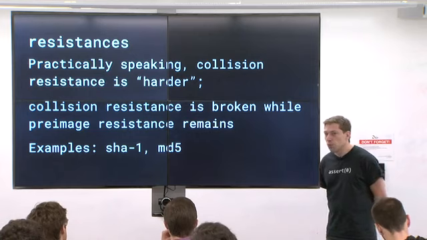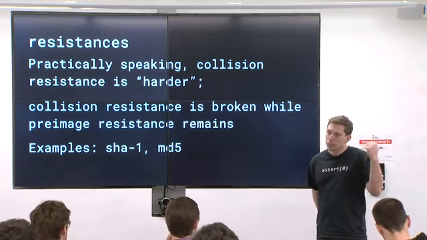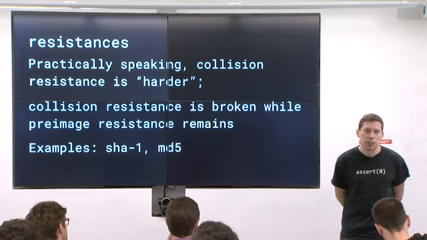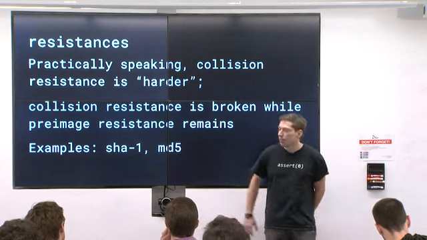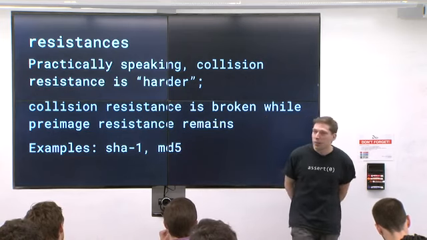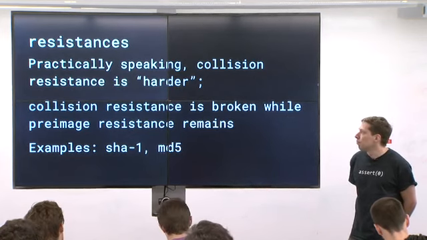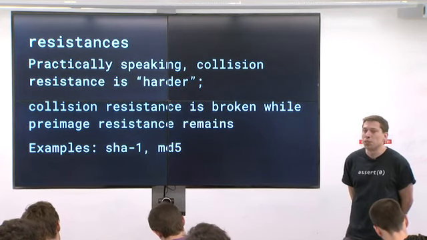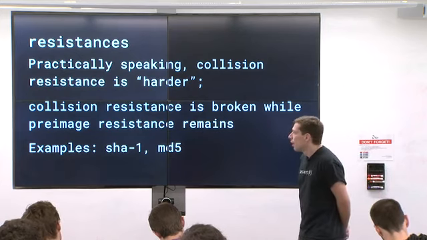MD5 is a fairly old one, written by Ron Rivest, well, I guess it wasn't at the Stata Center because it was in the 80s. It's Message Digest 5; I guess there were several before that. And that is quite broken. You shouldn't use it. Its collision resistance is trivially broken. You can find collisions in under a second on a modern computer.